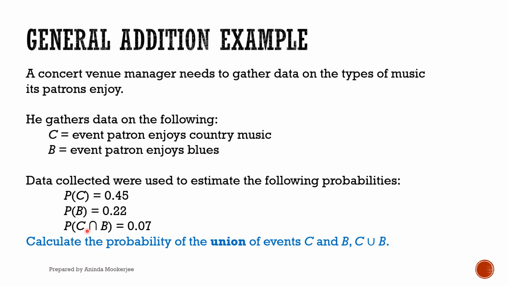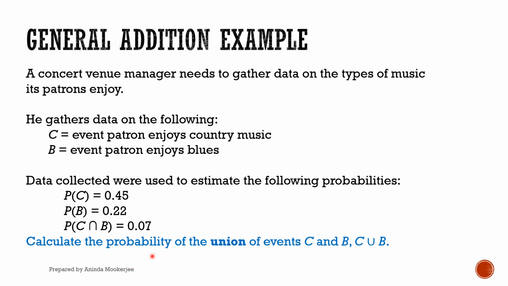But they have also given us a situation where a patron enjoys both country music as well as the blues. So this is the point of intersection. The probability that a patron will enjoy country music as well as blues is 0.07.